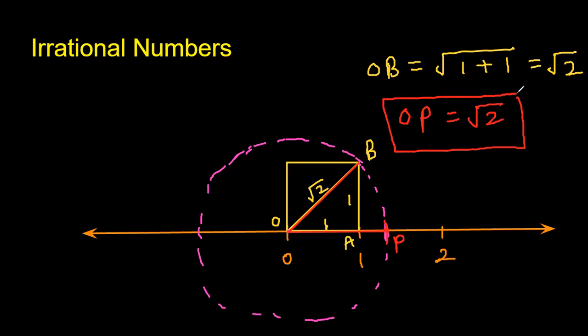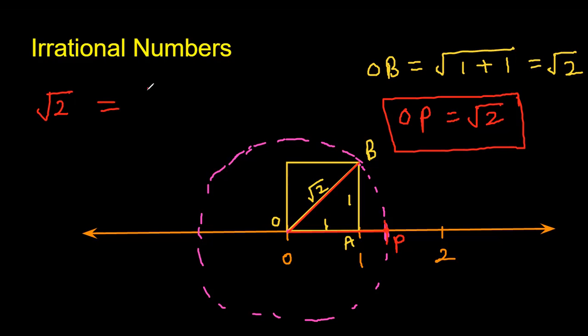Hey, what did we observe? We observed there is another point P on the number line, which is equal to square root 2. That means square root 2 is also lying on the number line. Can we write square root 2 in the form of p by q? We had defined the rational numbers in the form of p by q, where p and q are integers and q is not 0.